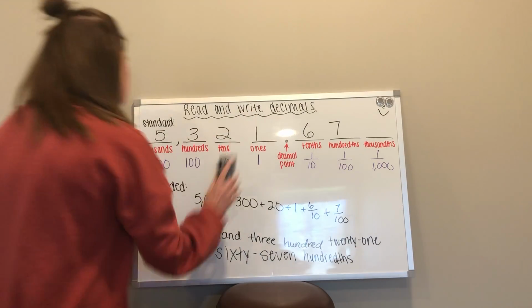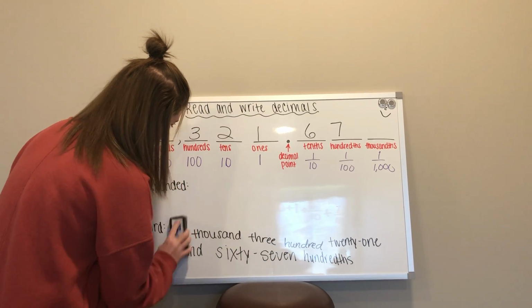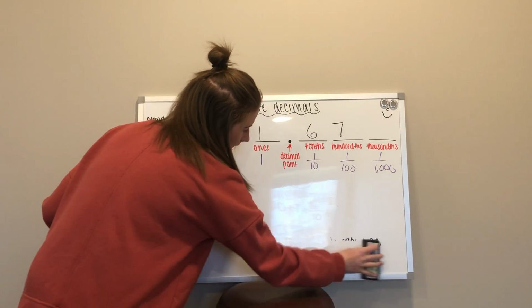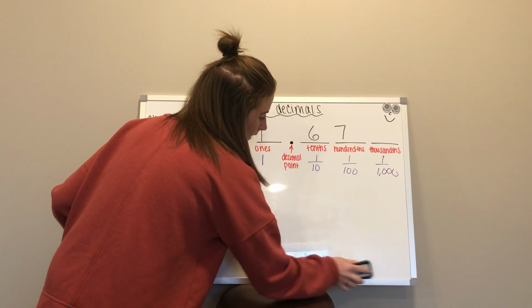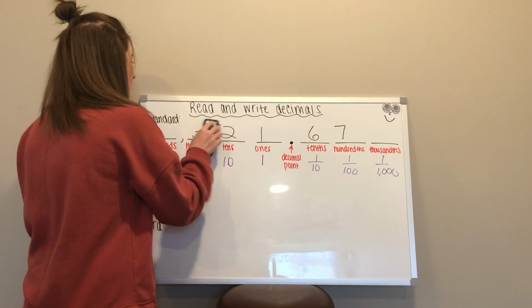Okay, so let's try another one. Let me erase it. Okay, and this time I'm going to give us a number that is going to be in expanded form, and we'll have to do the other two.